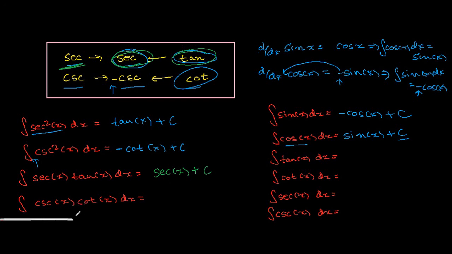For the fourth part, which is cosecant times cotangent, if we look up here, cosecant times cotangent, the left part is negative cosecant. So the answer for this is negative cosecant x plus c.